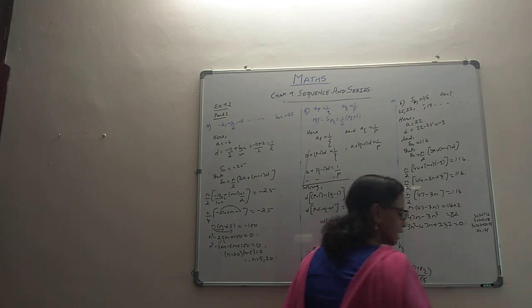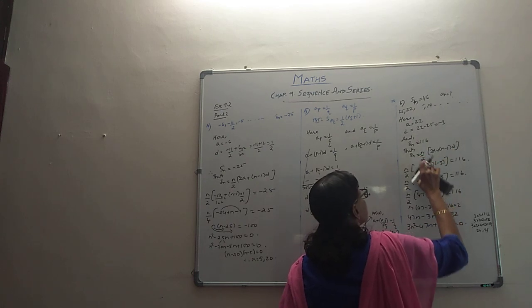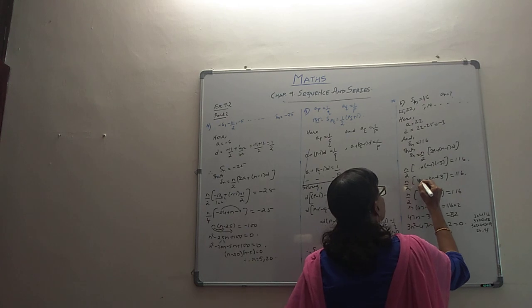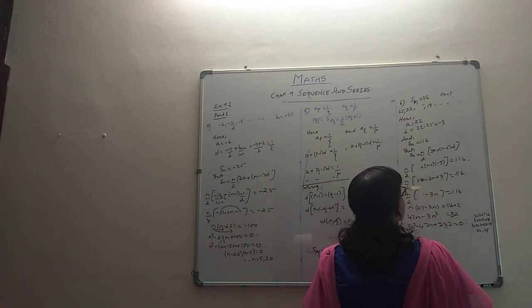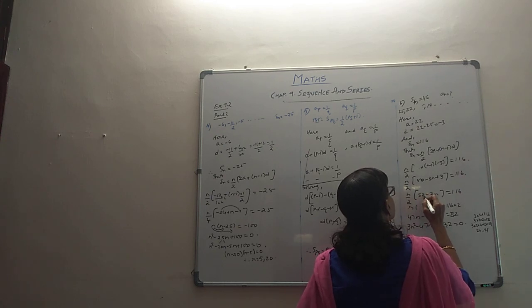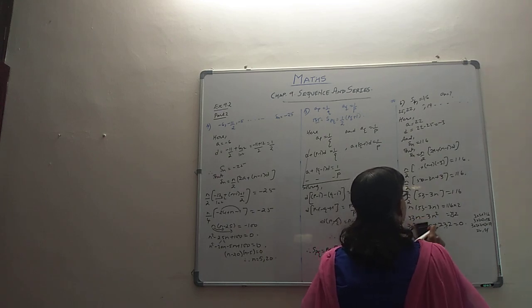Oh, just see the mistake, because we should be taking 25, isn't it? So 25 into 2, it's 50. So automatically this will change. This will be 50. So this will be 50 plus 3. This will become 53. This is also 53.